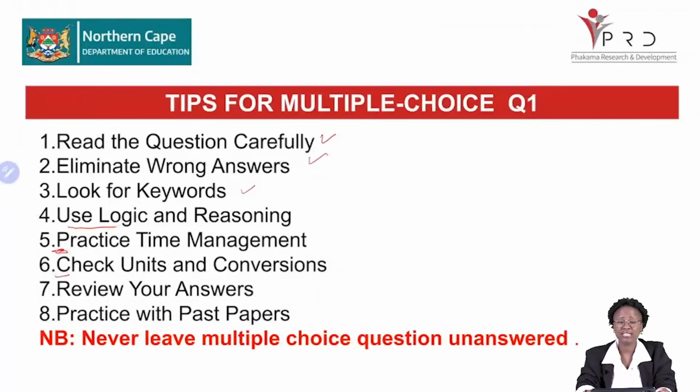They're very important. They can give you clues as to which option is correct in the multiple choice. The next thing is to review your answer. The moment you have selected the correct option, review that option and ask why you are saying it is the correct answer.